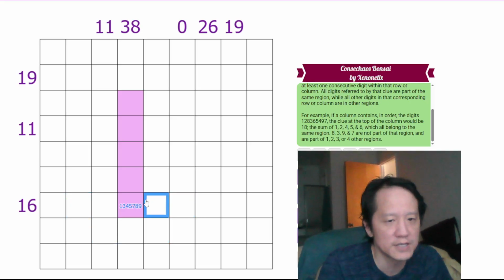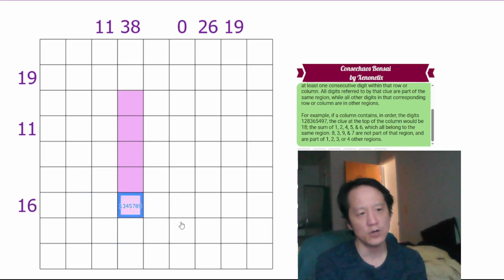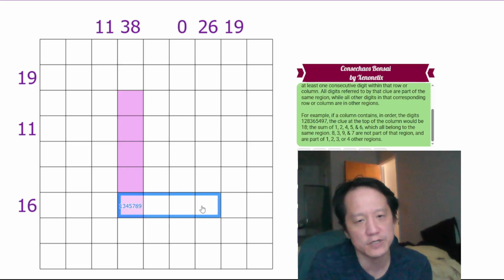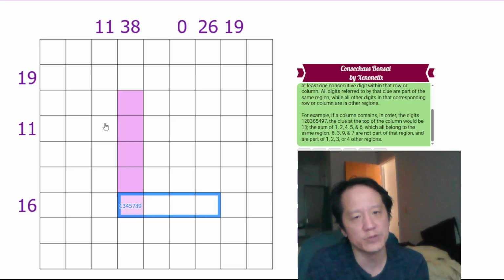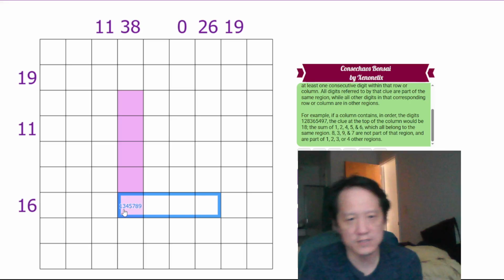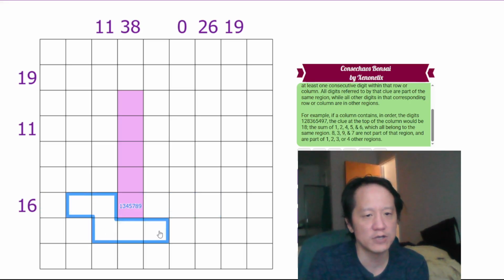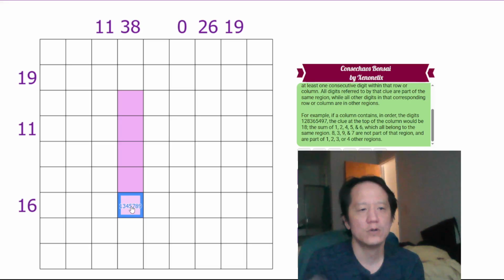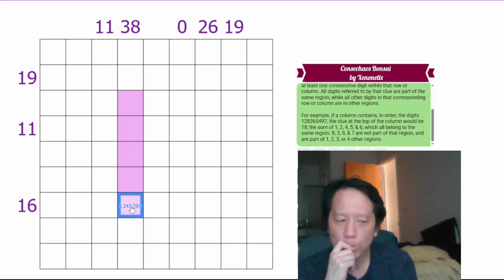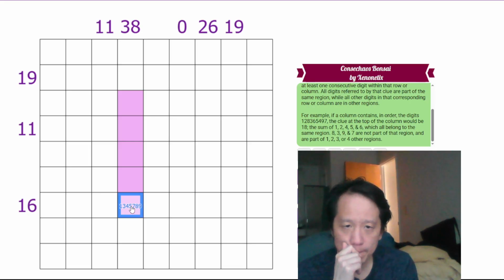Which is why this can never be 2 or 6, because we know 2 or 6 is in the other region. And you can't have 4 digits here, because we already know there's 7 digits here. So this is not part of the region that's counted here. 11 has to be 5 and 6.